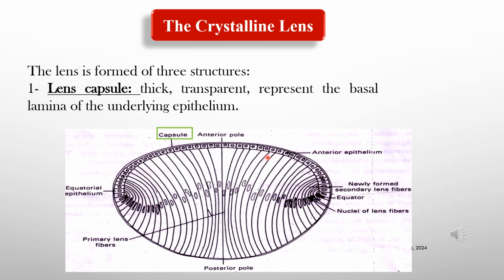The lens capsule is an elastic, transparent, and very thick basement membrane formed by the underlying subcapsular epithelium, and it gives insertion to the zonule.